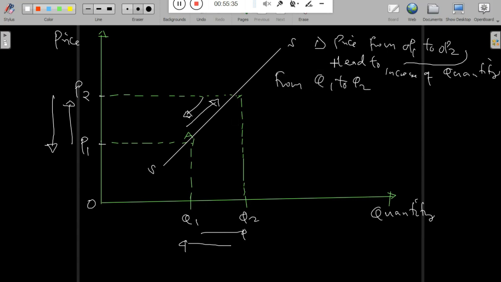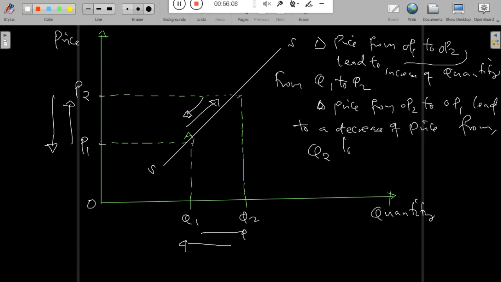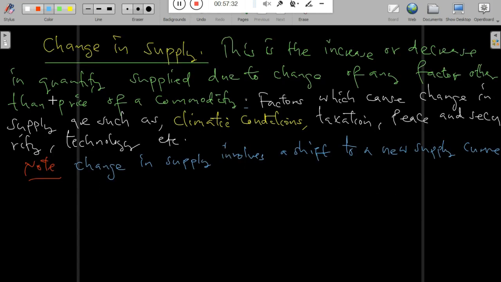So in this figure, a change in price from P1 to P2 results in an increase in quantity supplied from Q1 to Q2, and a change in price from P2 to P1 results in a decrease in quantity supplied from Q2 to Q1. That is the core effect that can be observed from this graph.